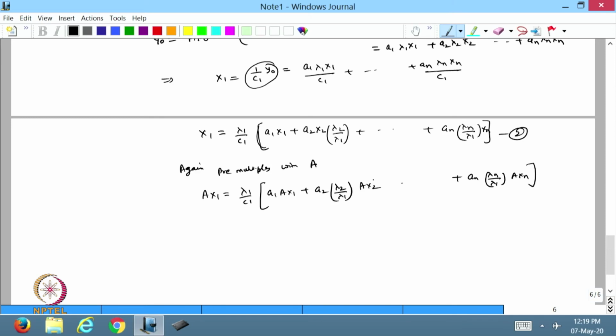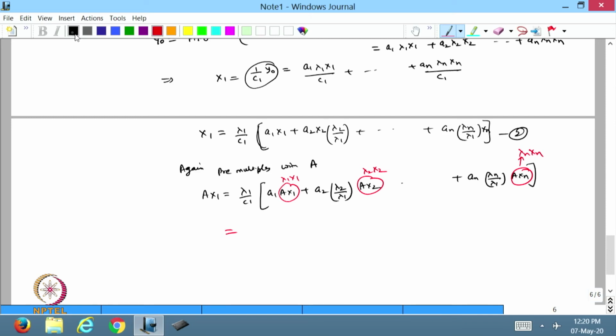Now, from here I know that this A x1 is lambda 1 x1, this is lambda 2 x2, and this is lambda n xn.